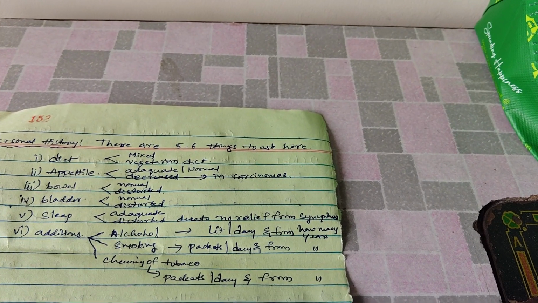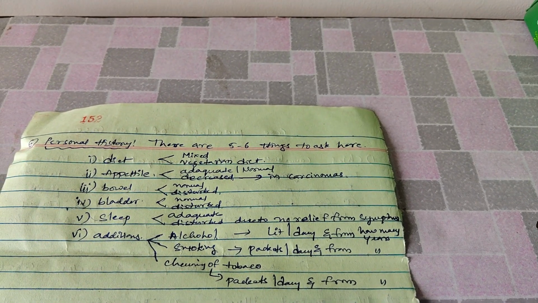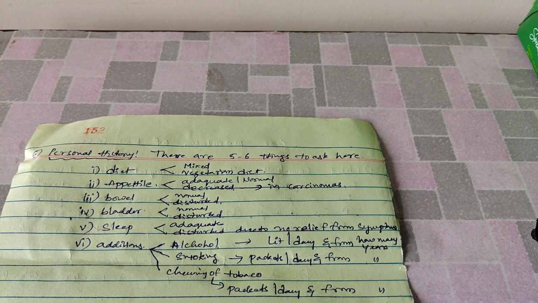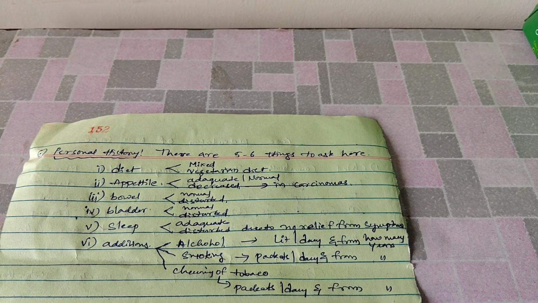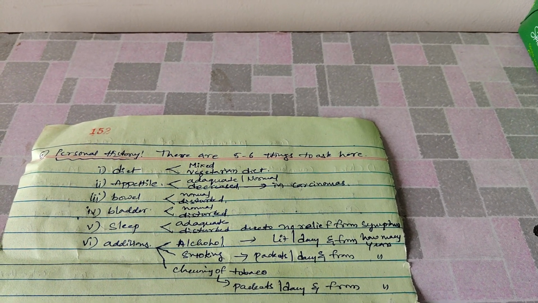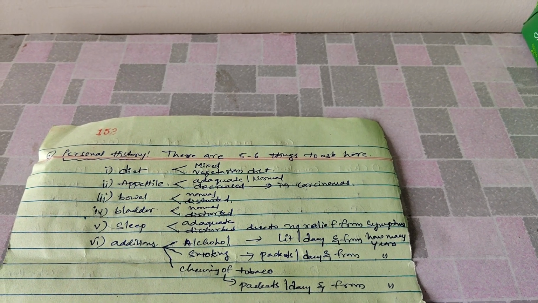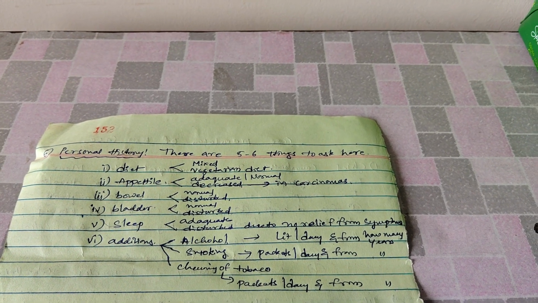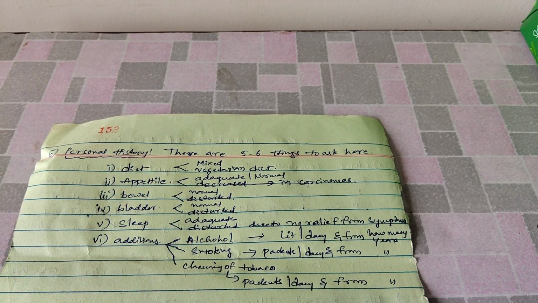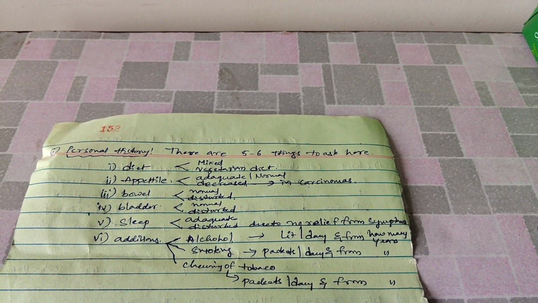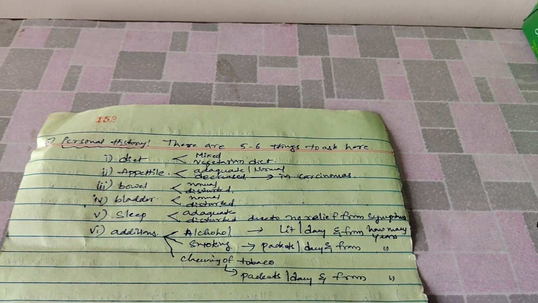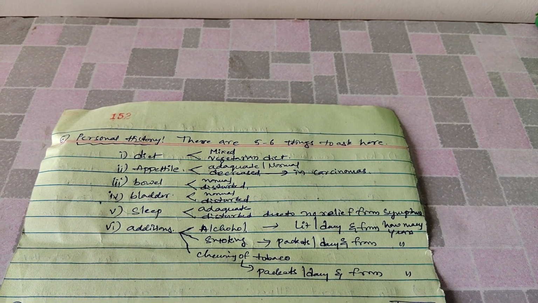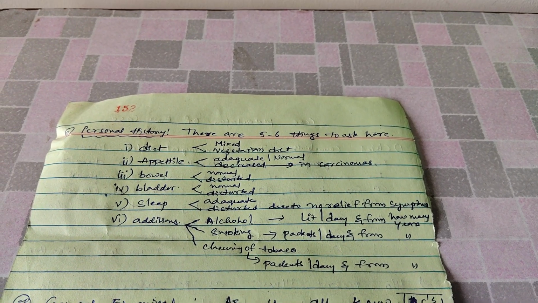Chewing of tobacco comes in many forms. What are those forms? You all know: pan, gutka, and some villagers, exclusively females, take tambaku or pogaku in small quantity. They keep it in the buccal mucosa, left or right, as a habit. So this causes oral carcinomas. That's why for chewing of tobacco, how many packets per day or in what form is important, and from how many years is also very, very important.